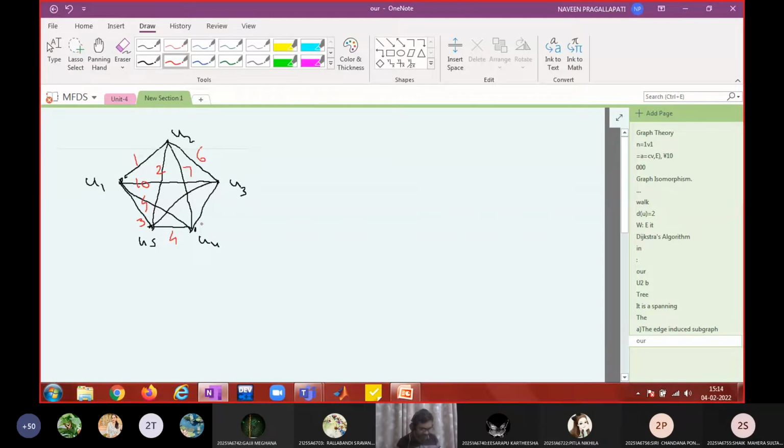And this edge weight is 8, and this edge weight is 6.